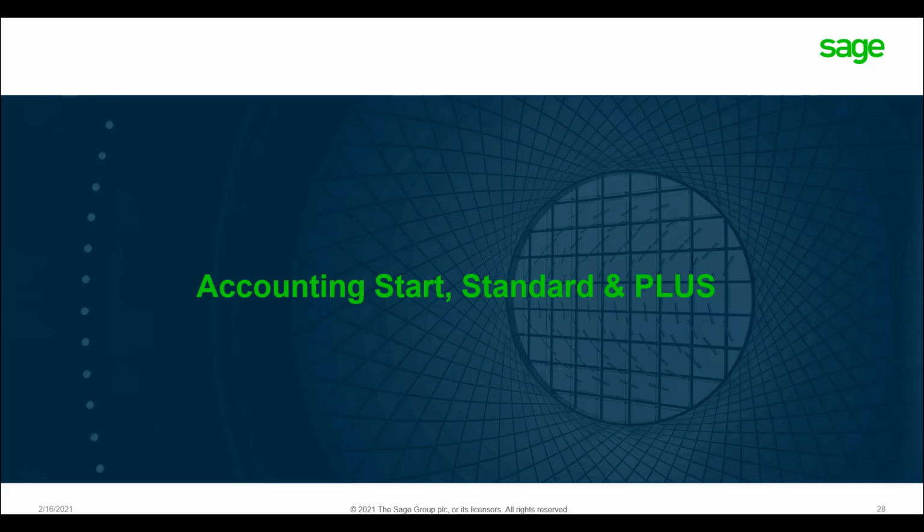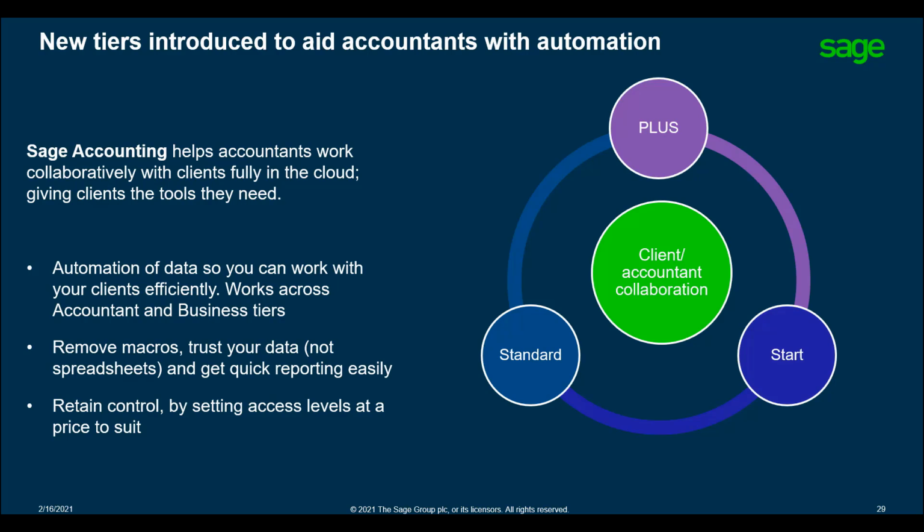Let's talk about Accounting Start, Accounting Plus, and Standard. We've introduced new tiers in Sage Business Cloud, as we are aware that not every single client will require all the functionalities within accounting. As you can see here, we've broken it down into 3 main tiers. Accounting Start, which is an entry-level accounting software that's ideal for sole traders and micro businesses.